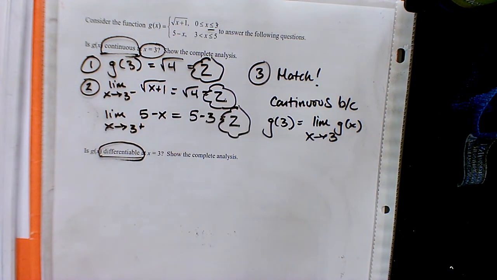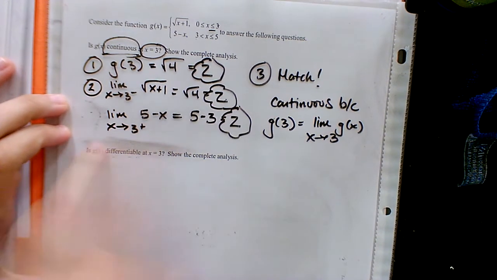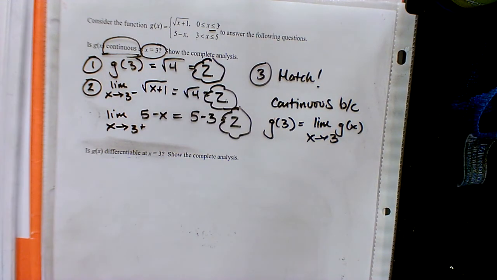So we know the left and the right side are connected, where one ends, the other one starts, so they're connected perfectly. But when we start to analyze if we're differentiable, we want to see, are we connected smoothly? Because if the left side and the right side are connected smoothly, notice how we would have a slope there, and the slope is the same for both of them. If we're not connected smoothly, that's what's going to create that sharp point that we were analyzing yesterday.